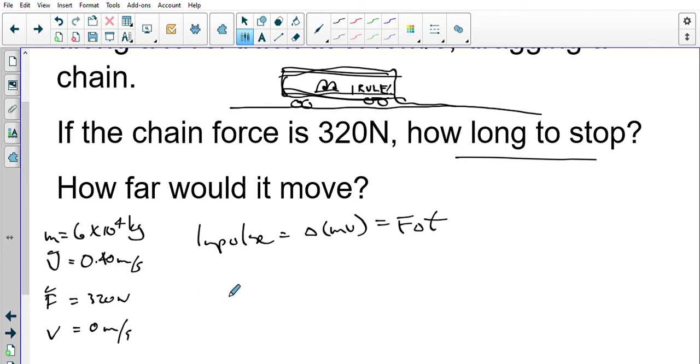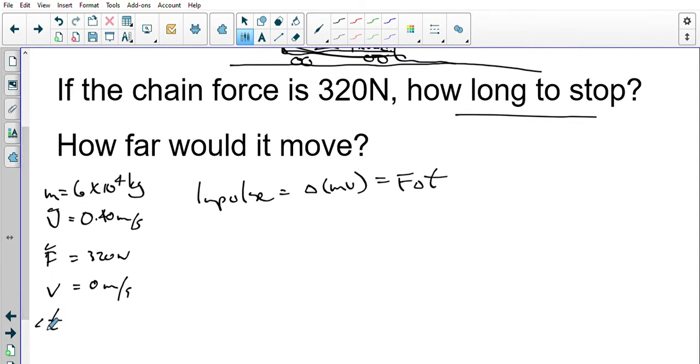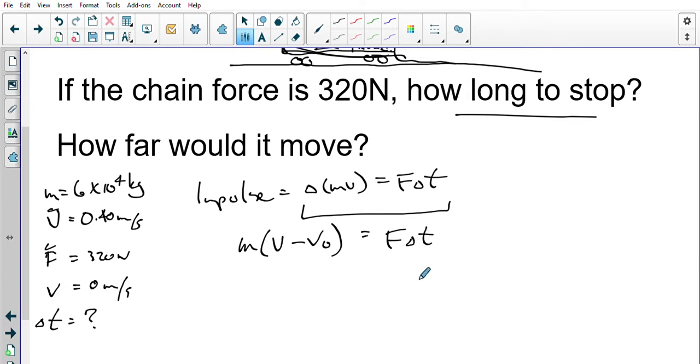So how are we going to use this information? Because really, how long does it take to stop? That's our delta t that we're looking for. And so we're going to have to use this whole thing together in order to calculate this. If we break this up, we have mass times our v minus our v naught, our change in velocity, and that's equal to our force times our time.